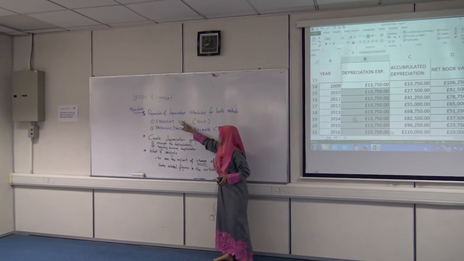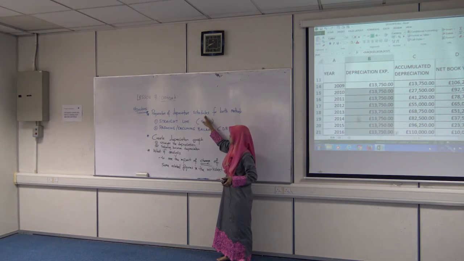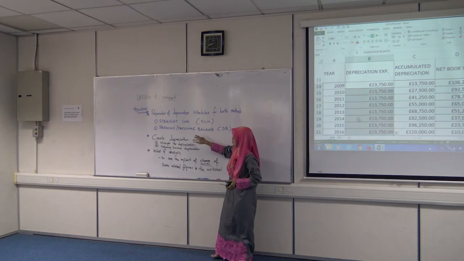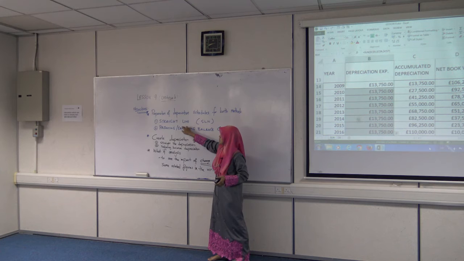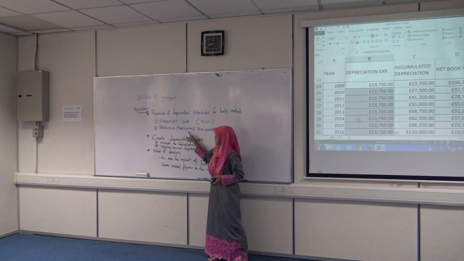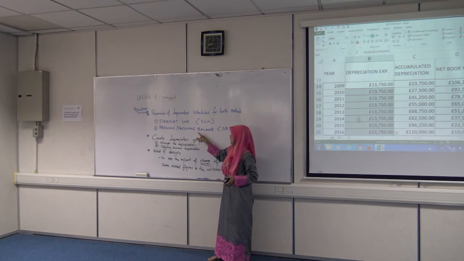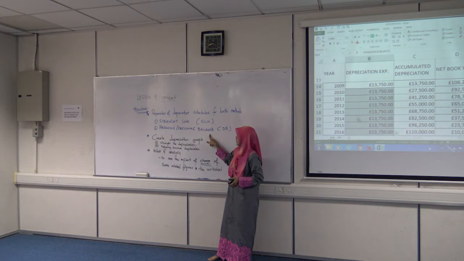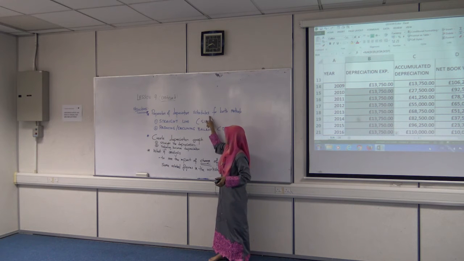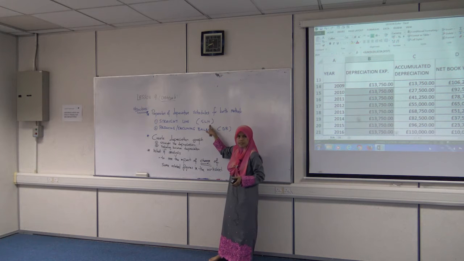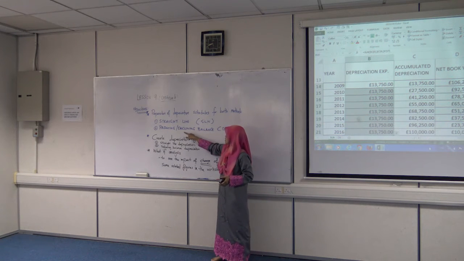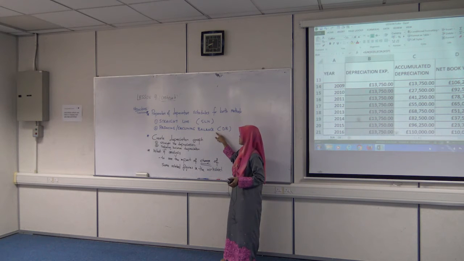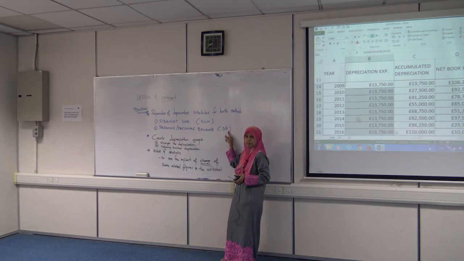So your depreciation schedule has been prepared for two methods of depreciation, straight line method and reducing or declining balance method. The straight line method is denoted by SLN in Microsoft Excel, and the reducing balance method is denoted by DB in the Microsoft Excel built-in function.